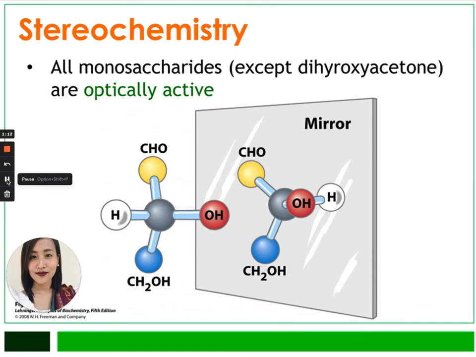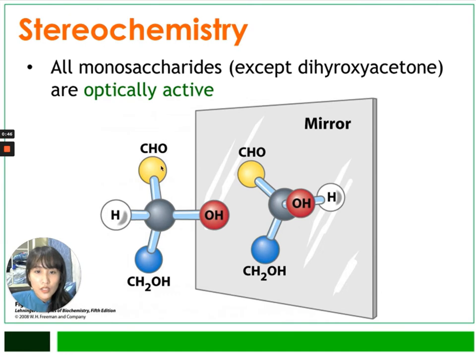Monosaccharides usually contain many chiral carbons and thus exist in a number of stereochemical forms that can be described as Fischer projections on paper. In general, 2 raised to n stereoisomers can be found in a molecule with n chiral centers.